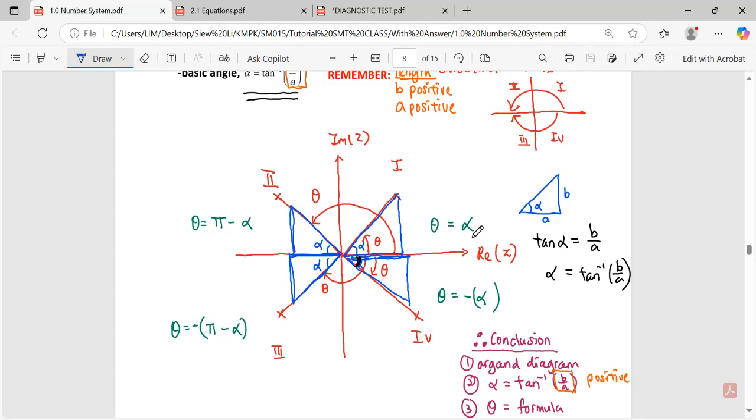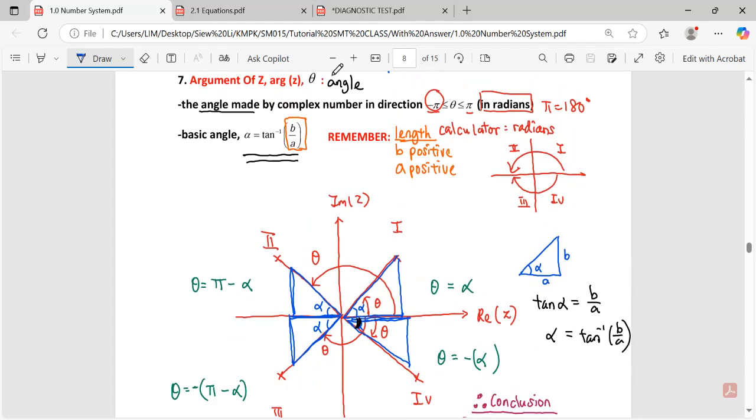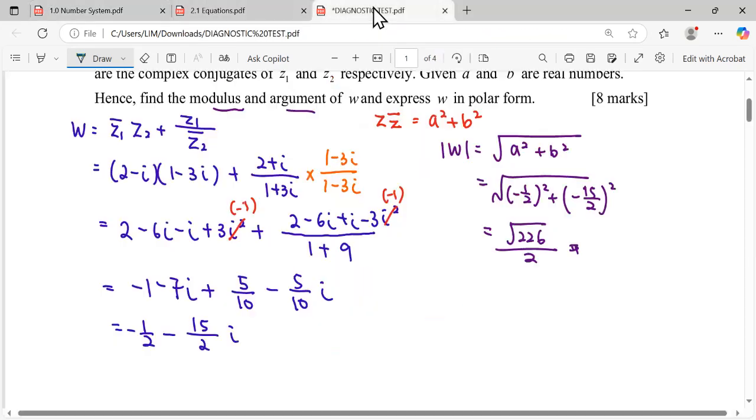And one more mistake is using degrees. In doing argument, we set the mode to radians. So come back to our question here. When I want to know my argument, I draw the Argand diagram.